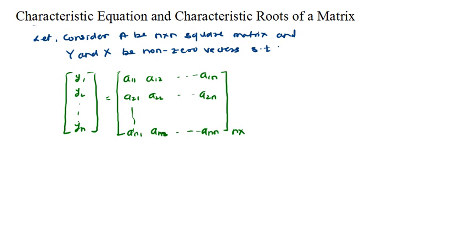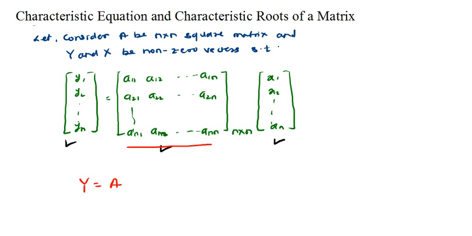multiplied by the vector x which has the components x1, x2 up to xn. So this is a column vector y, this is the matrix A and this is the vector x. I can write this as y equals A x. Now what does this mean?